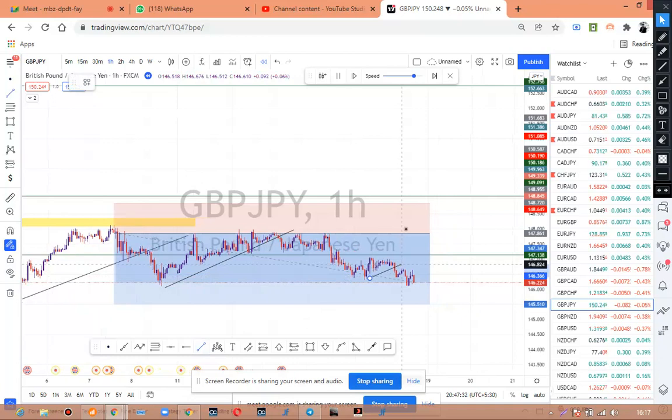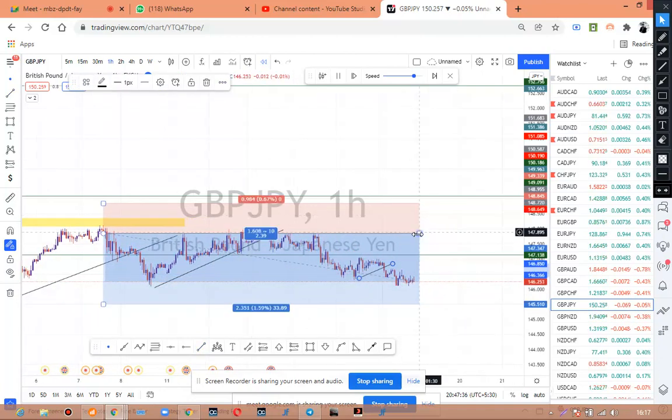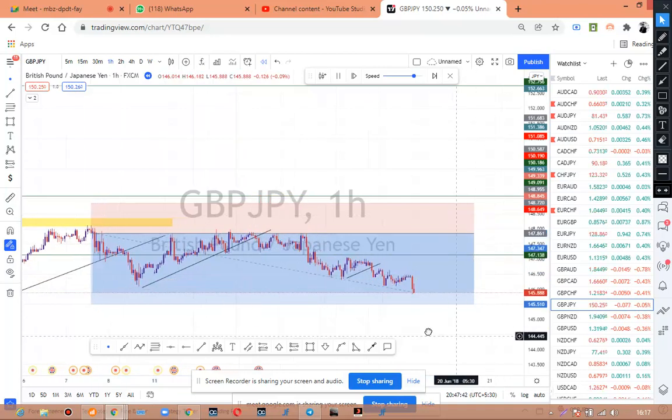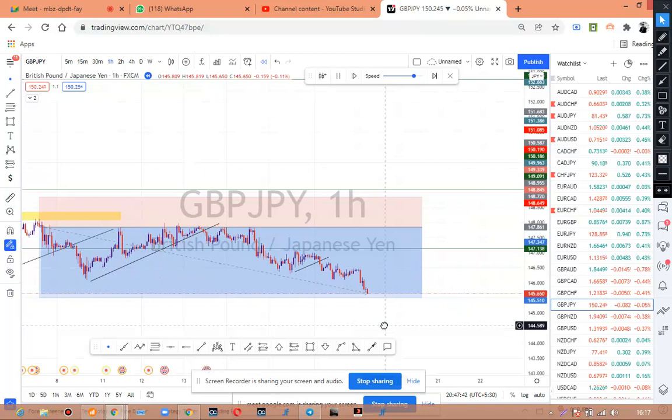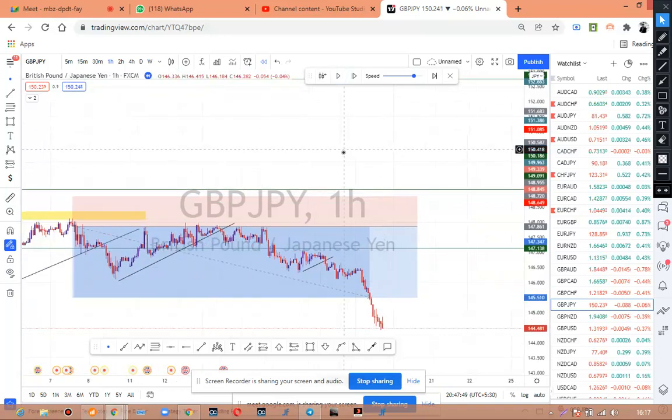We also have this trend line. Okay, the market finally hit the take profit.